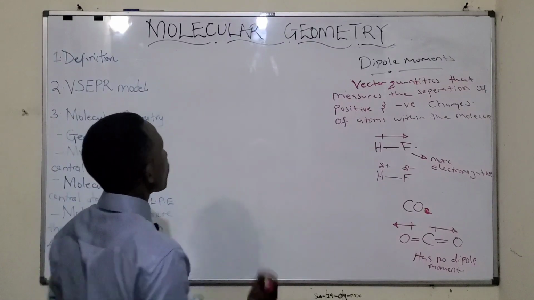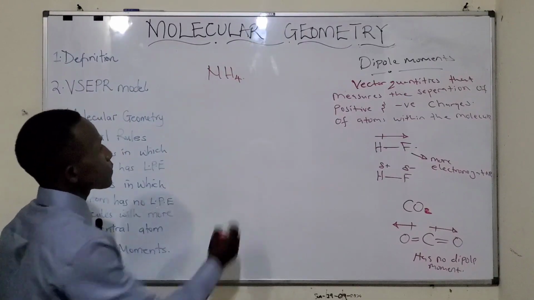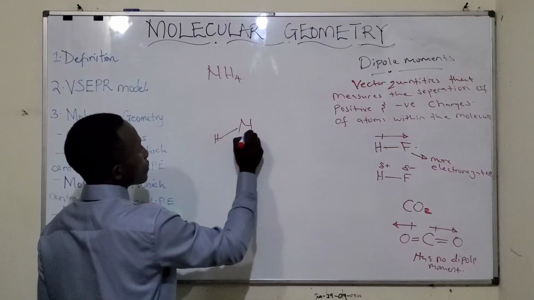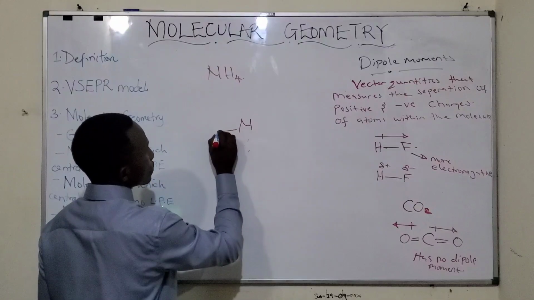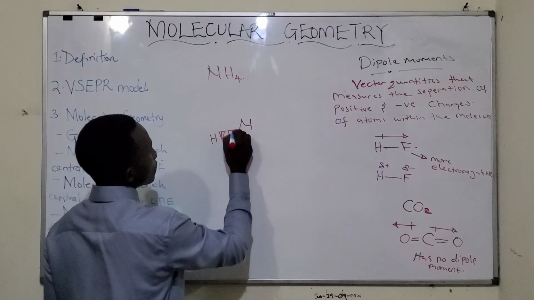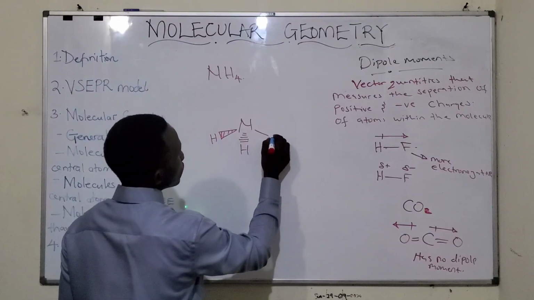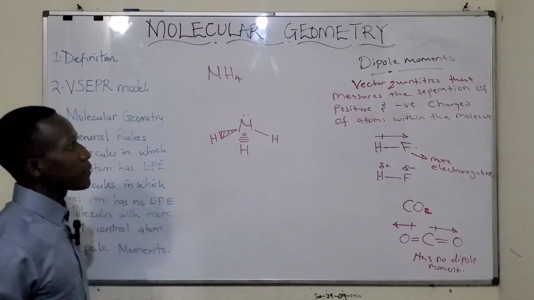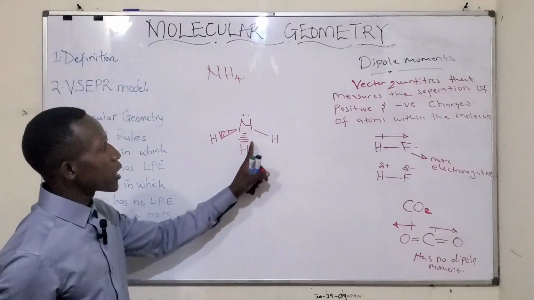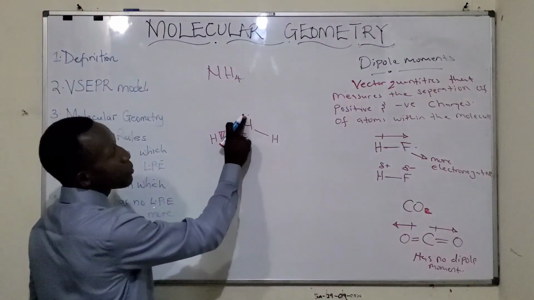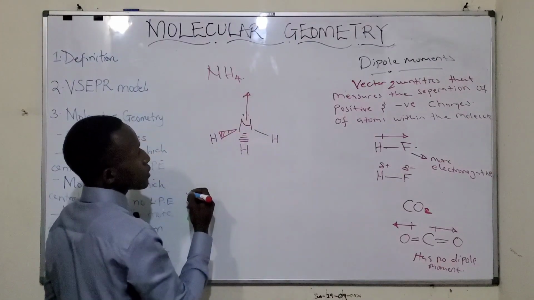For example, if you have ammonia, this is the structure of ammonia. Remember, nitrogen is more electronegative than the hydrogen atoms and has a lone pair of electrons. So the dipole will be pulled towards nitrogen like this.